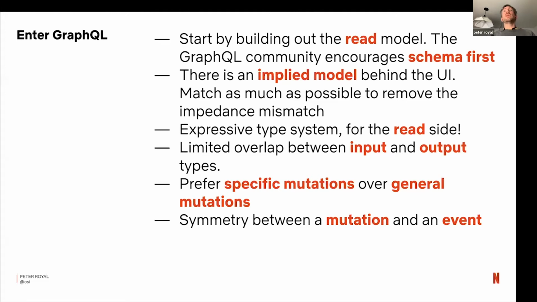You can't use the same modeling for each one. What GraphQL wants you to do is prefer a specific mutation over a general mutation, so not having a very general update thing. If you have certain business operations that you're doing, you want to make specific mutations in order to do that. And that gives us some symmetry between GraphQL's mutations and what we want to store as events.